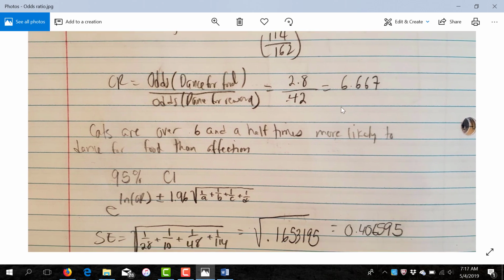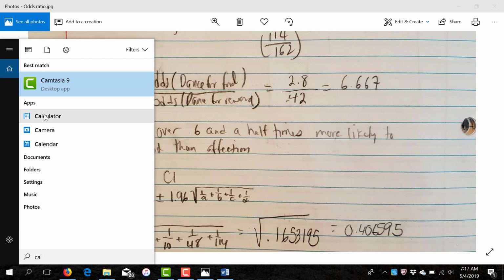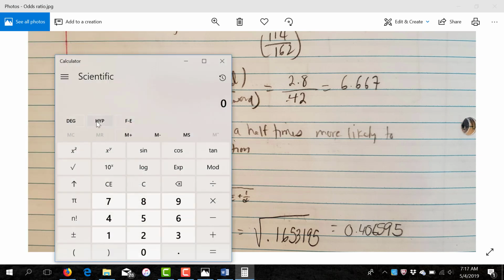By the way, if you wanted to know what the odds are for cats dancing for affection as reward versus dancing for food as reward, all you'd have to do is divide this value into 1. So you'd go 1 divided by 6.667, that equals 0.1499 or 0.15, right?